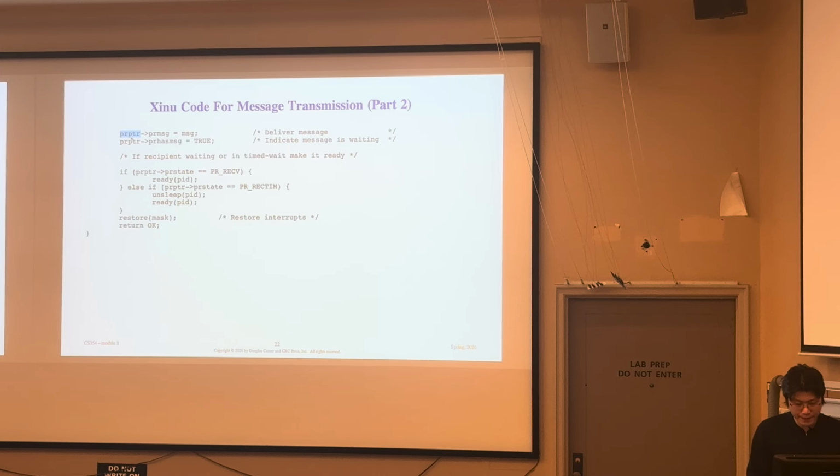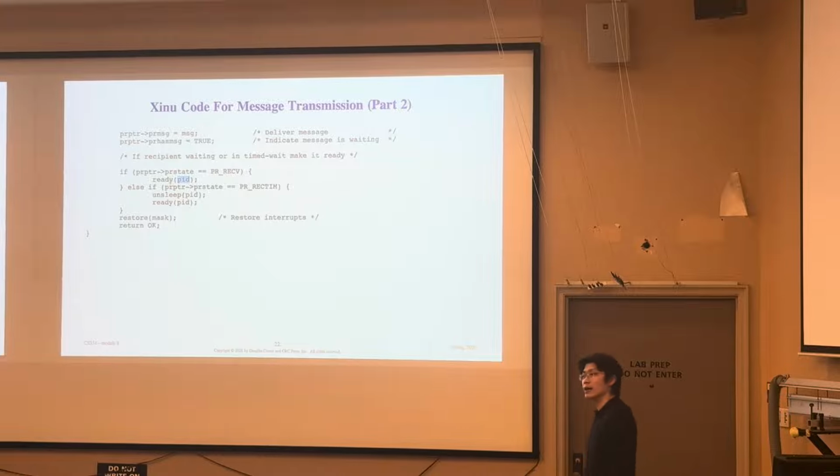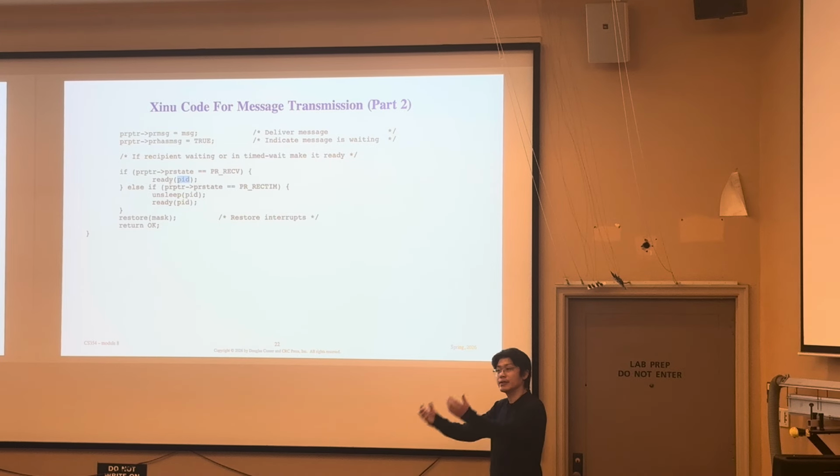So you check whether its state is receiving, and if it is, you make it ready. This is how you unblock a process that has been previously blocked on receive.